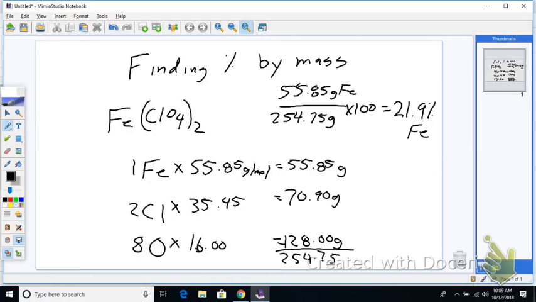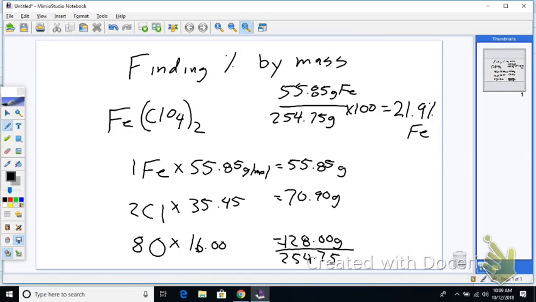You will find oxygen will be a big percentage of weight in a lot of these examples that we're going to do. When you're done with all the percentages, they should add up to 100%.